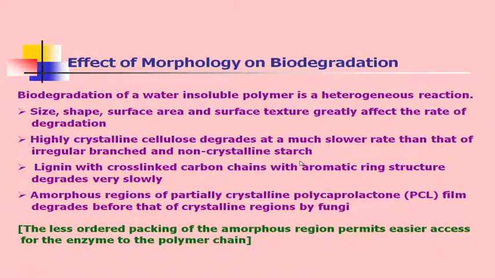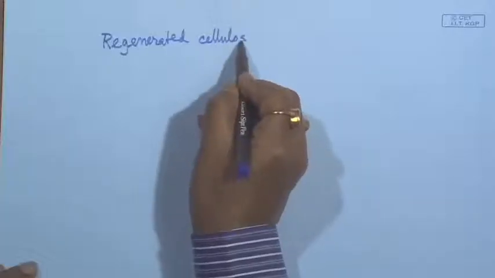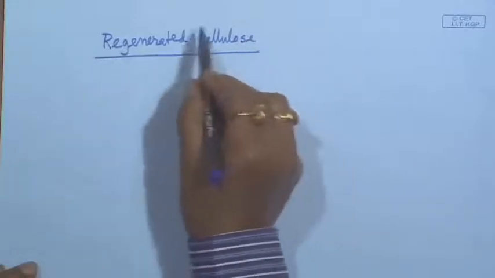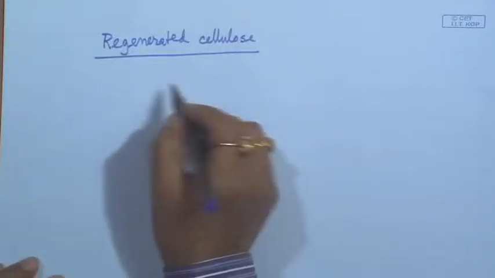If the crystallinity in cellulose can be reduced by some chemical treatments, say we take regenerated cellulose. This is also cellulose; regenerated cellulose is also cellulose.